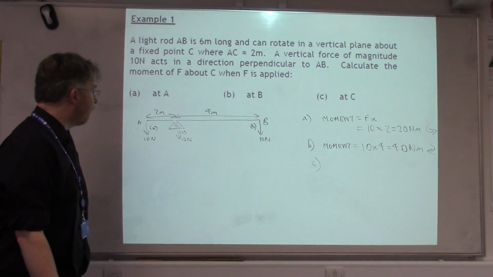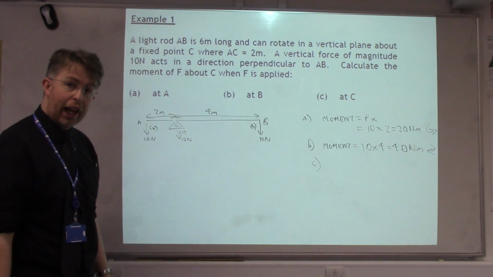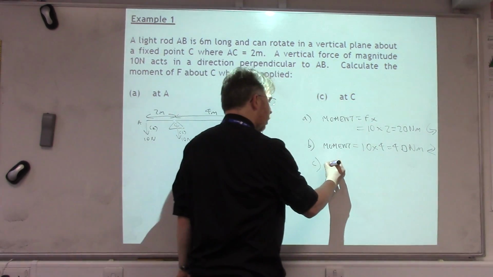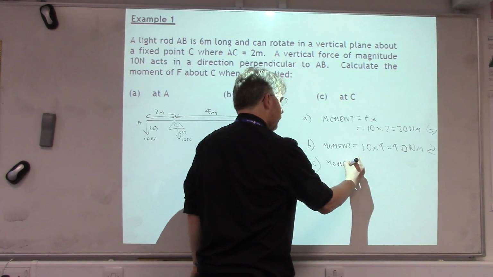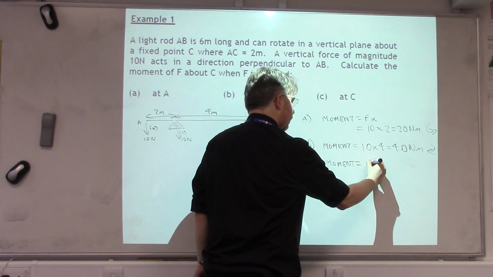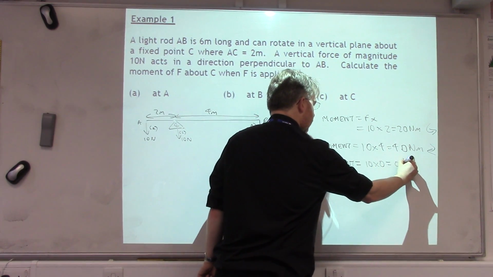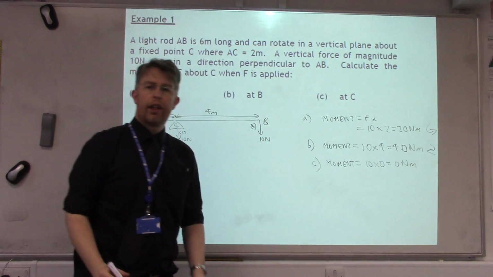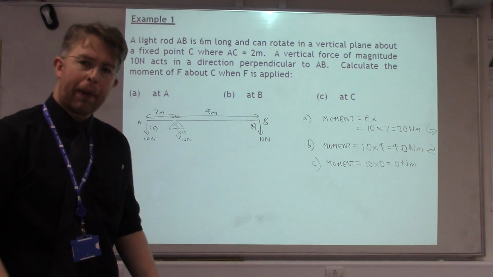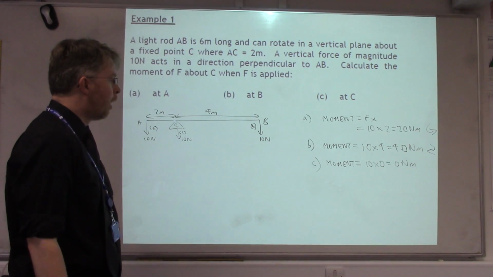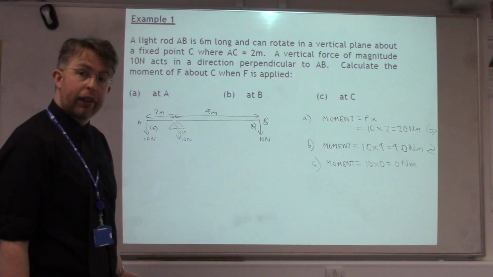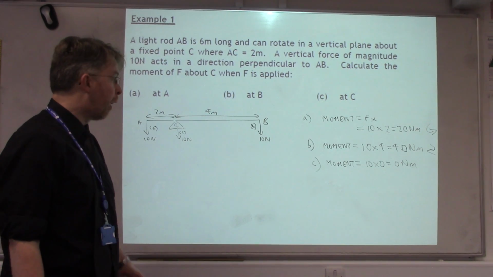Finally, in part C, the force is acting through C itself, so there's no distance away. So the turning force is 0 Newton metres. Right on the pivot, you can't turn it. So you don't need to put anti-clockwise or clockwise, it's not turning.